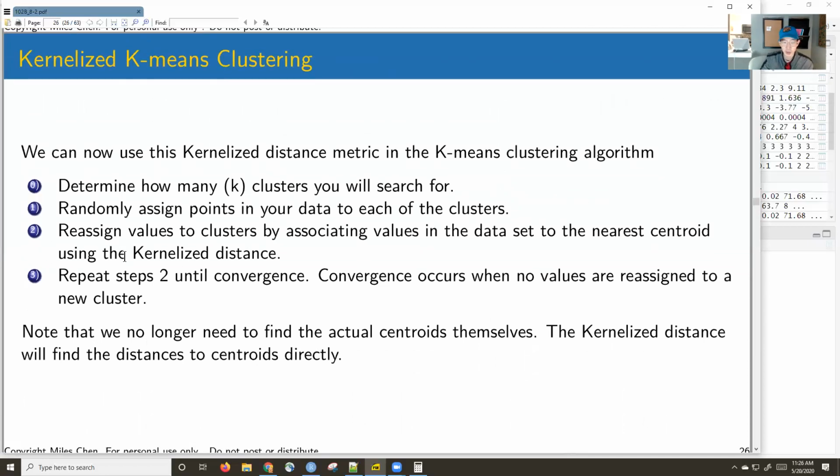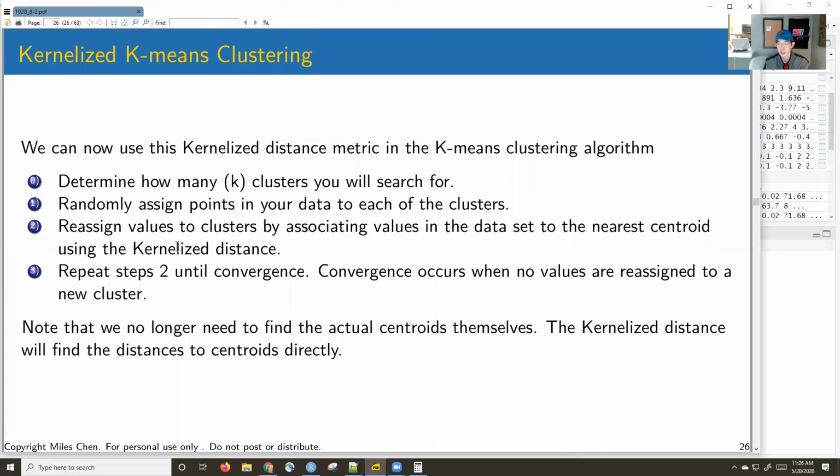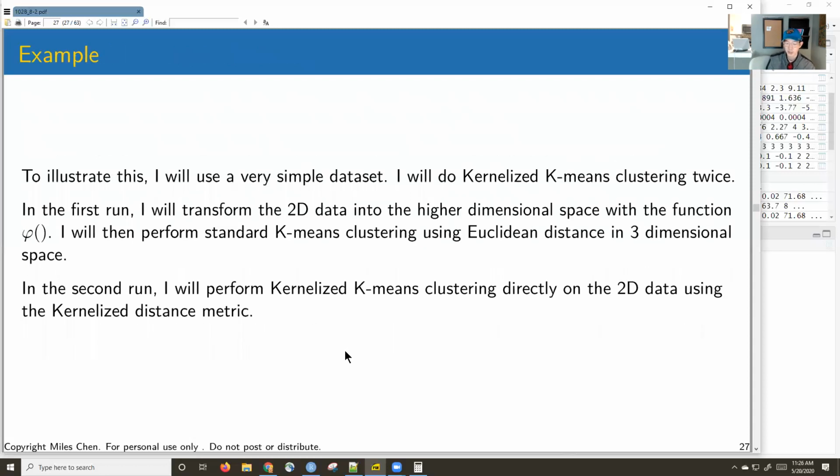So we just repeatedly reassign values to the clusters based on the current assignments, without having to find the centroids, and then we repeat that until we reach convergence. So no, we don't need to actually find the centroids. The kernelized distances will find the distances to the centroids directly without bothering to calculate the centroid itself.